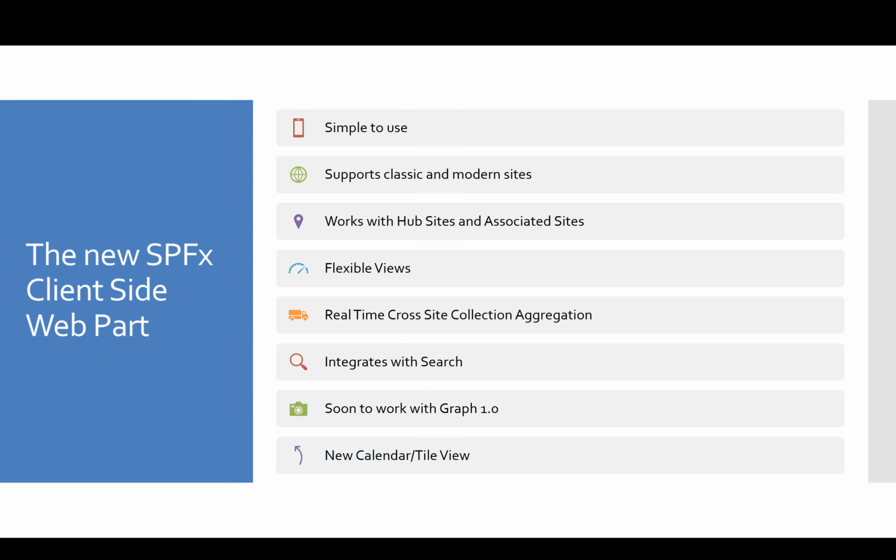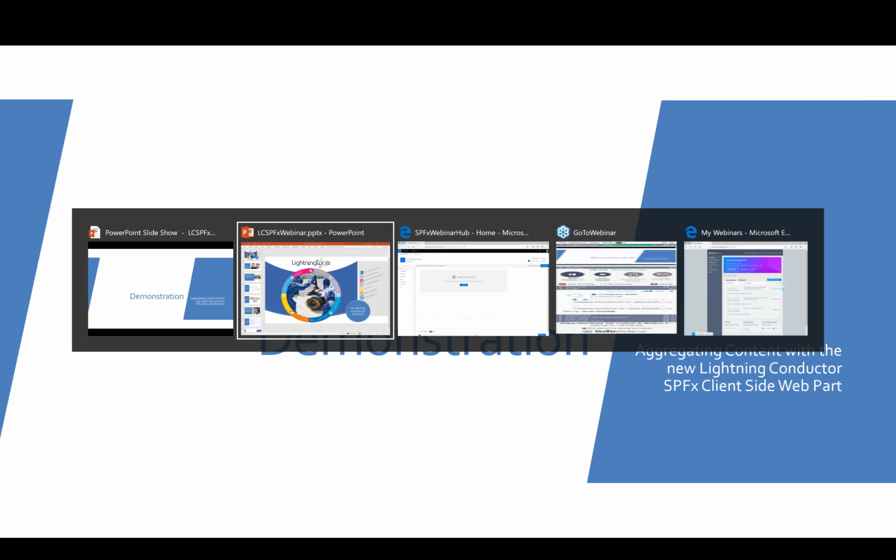Like I say, if you want to use search, you can, and it will soon be able to work with graph as well. We've also got some brand new views in here, the calendar view and also the tile view. So with that said, let's go and have a look at the product.